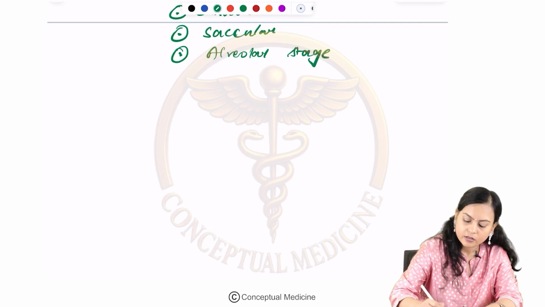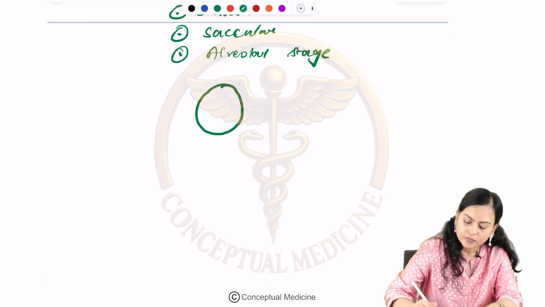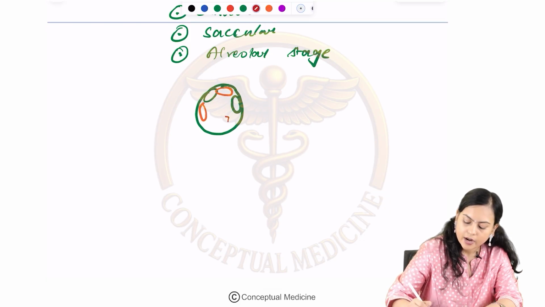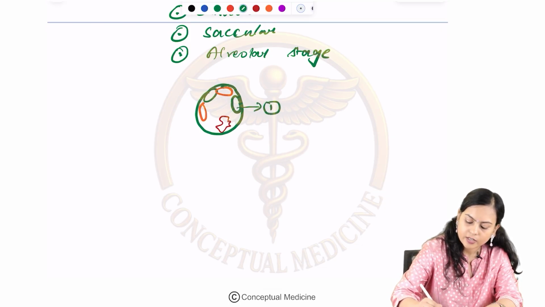There are two types of pneumocytes that is present in the alveolus, and also you have alveolar macrophages. Say this is type 1 and this is type 2.